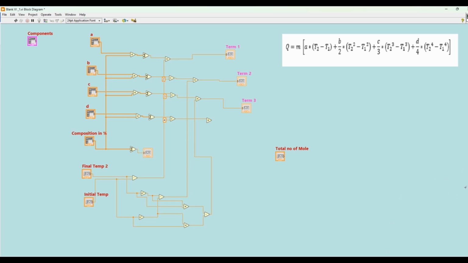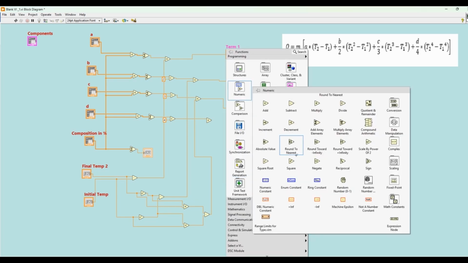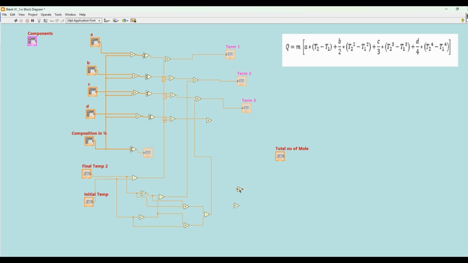So again I am taking 2 square, 1 and 2. So what I'm doing here, this is T2, this square is coming, and from here I can take this square, multiply it, and from here you will see this is T1, this is square, and this square is going to here, and I'll just connect to this one.